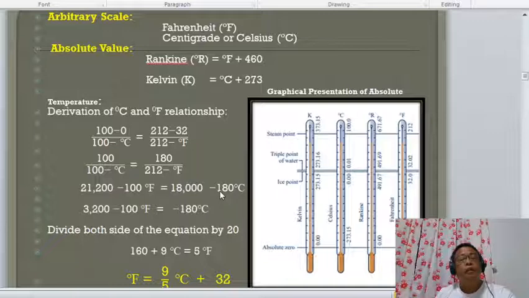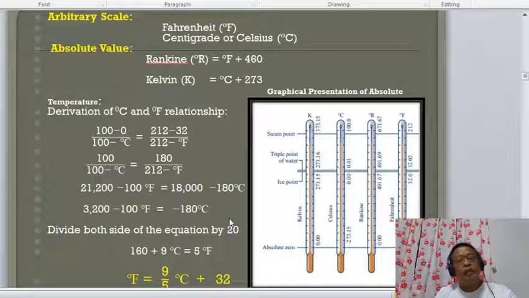Okay? So, rearranging the equation, combining constants, 3,200 minus 100 degree Fahrenheit is equal to negative 180 degrees Celsius.